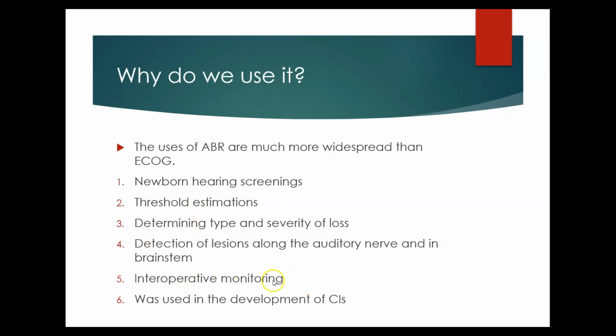So ABR, just like ECochG, can be used in intraoperative monitoring while individuals are having brain surgery. And finally, the ABR was instrumental in the development of cochlear implants to determine if there was synchronous firing of auditory nerve fibers.